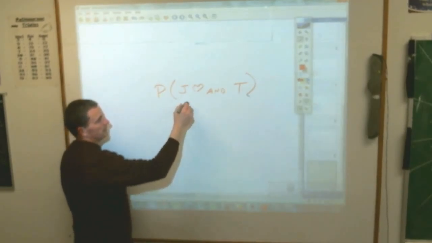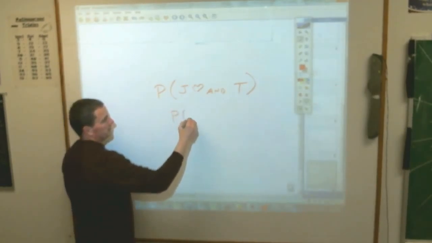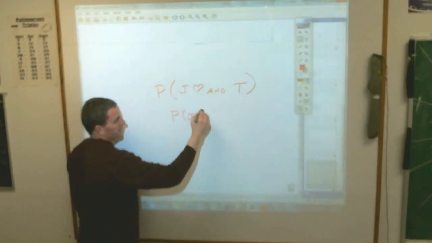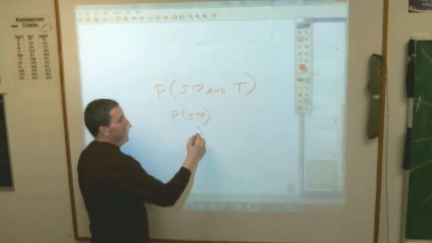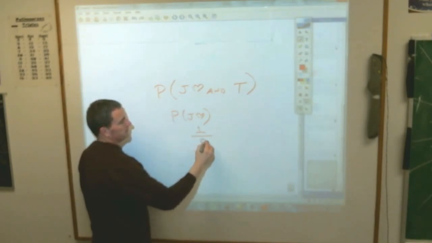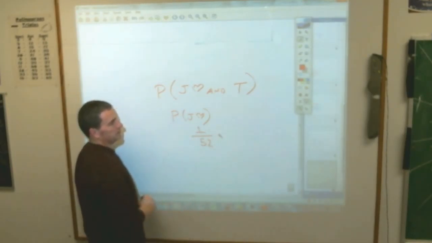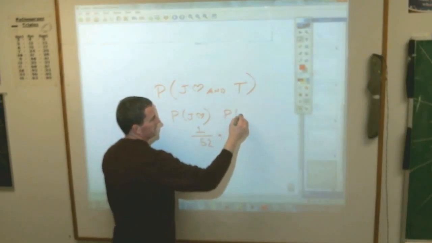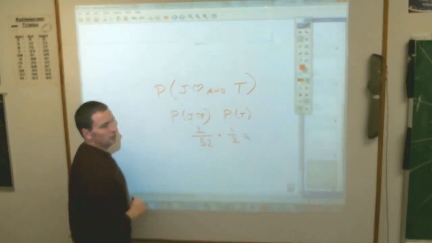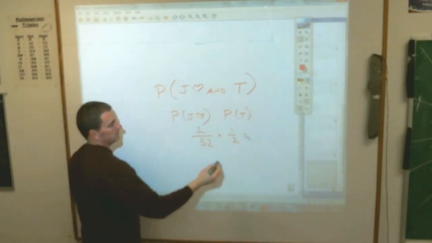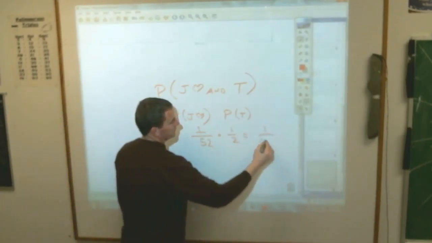So you take the probability of drawing the Jack of Hearts. How many Jack of Hearts are in the deck of cards? 1 out of how many cards? 52. And what's the probability of flipping a tail? 1/2. Probability of doing both of those? 1/104.